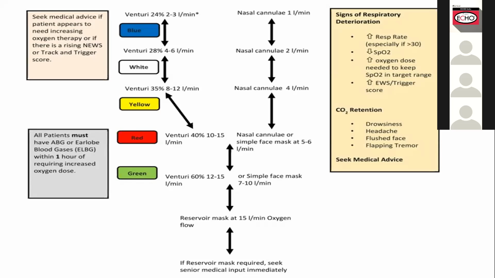There are other signs you can base on to say your patient is retaining CO2, like drowsiness, if they are complaining of headache, or if they have a flushed face or flapping tremors. You have to seek help. You call for help either from the HDU or the ICU support team.